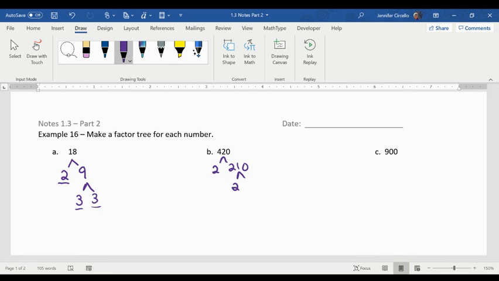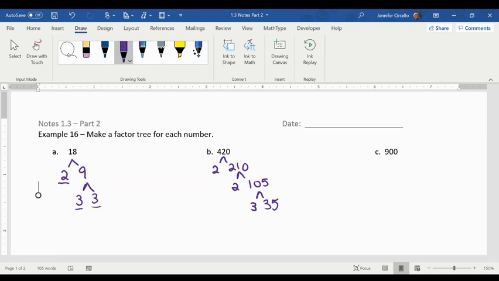And if I divide that by 2, 210 divided by 2 is 105. Now 105 is not even, so it's not divisible by 2. So the next prime number is 3. And if you do 105 divided by 3, it does go in evenly. It is, let's see here, 35.